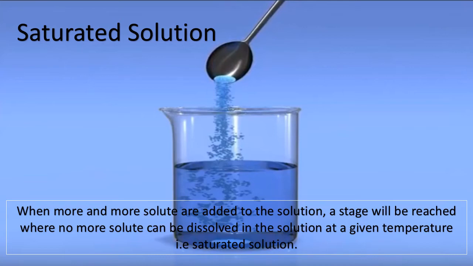When the system has attained saturation, no more solute can be dissolved in that solution at a given temperature. So a saturated solution can be defined as one in which no more solute can be dissolved at a given temperature.